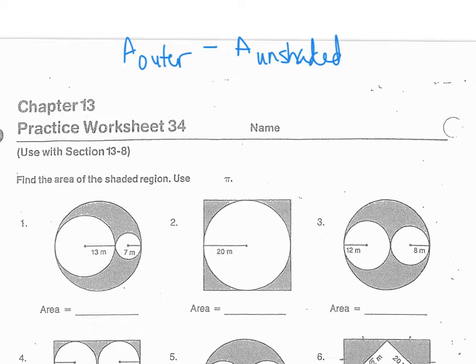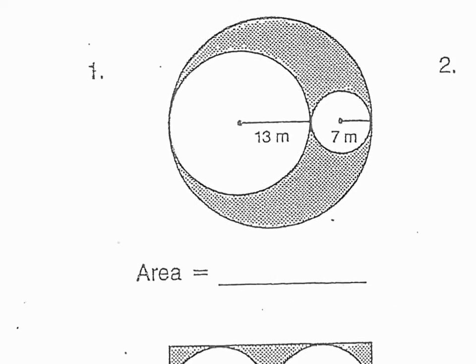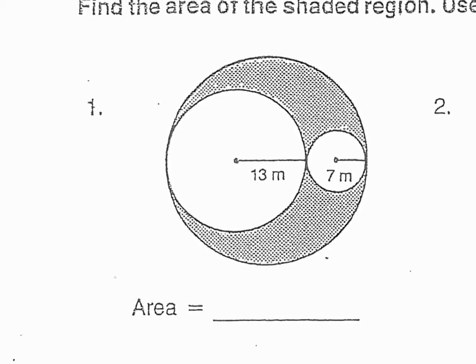Number 1. Okay, so the first one, if I were to ask, what is the radius of the outermost circle? Okay, I heard a 20. Are you okay with the radius being 20? Yeah. All right, that is correct. If you could understand that this is 7 and this is 13, 13 plus 13 plus 7 plus 7 makes the diameter of the outermost circle 40, and therefore the radius is 20.